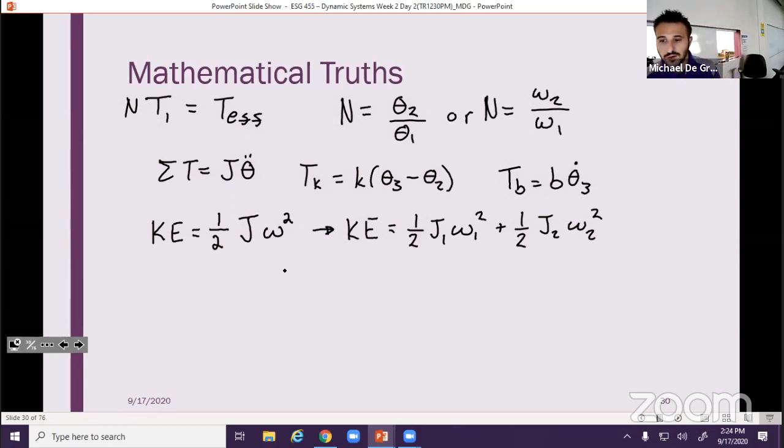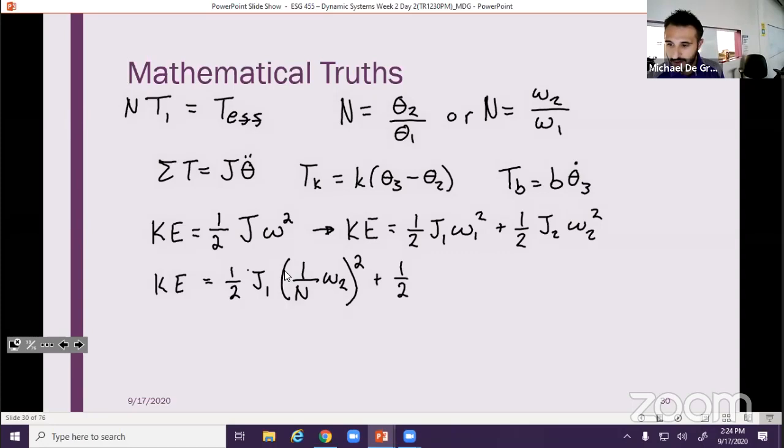I'll do it through the gear ratio, right? So my kinetic energy is equal to 1/2 J1. Well, omega 1 is just 1 over n times omega 2, and that's going to be squared, plus 1/2 J2 omega 2 squared. Is that really J2?